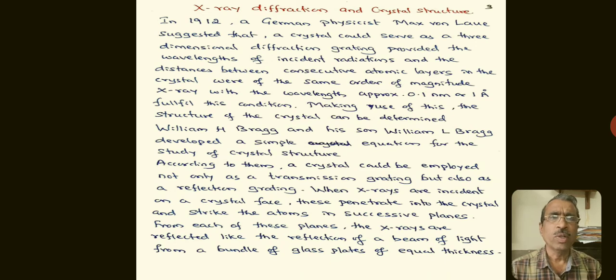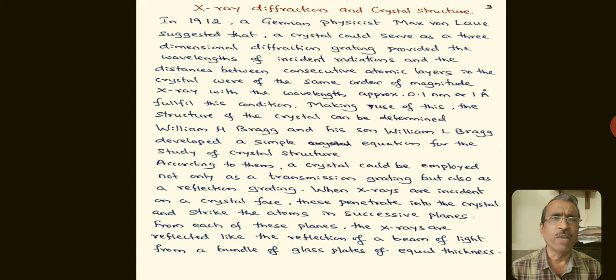As you know, in 1912, a German physicist, Max von Laue, suggested that a crystal could serve as a three-dimensional diffraction grating, provided the wavelength of incident radiations and the distances between the consecutive atomic layers in the crystals were of the same order of magnitude.